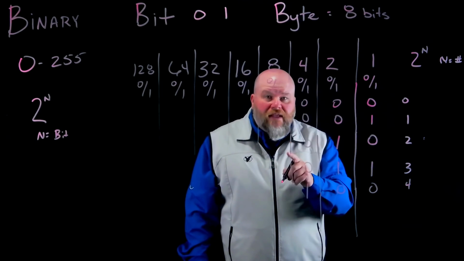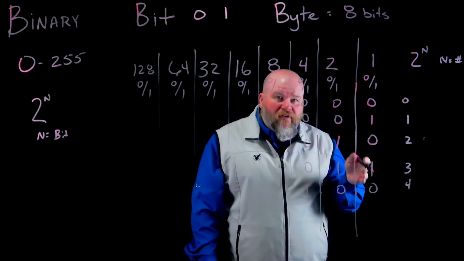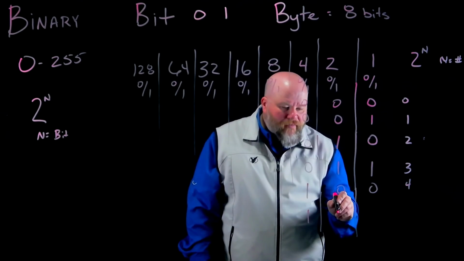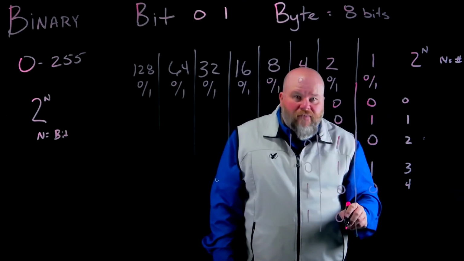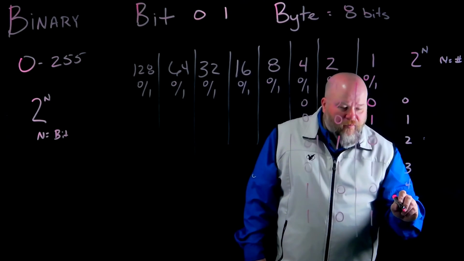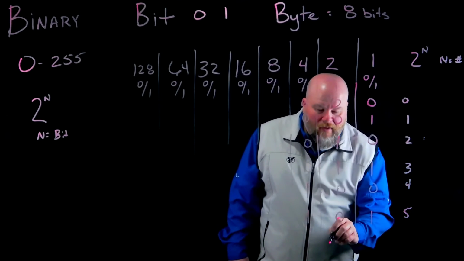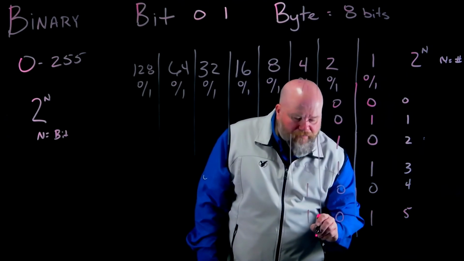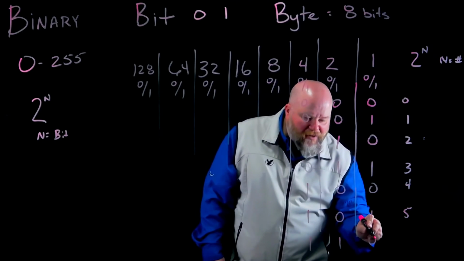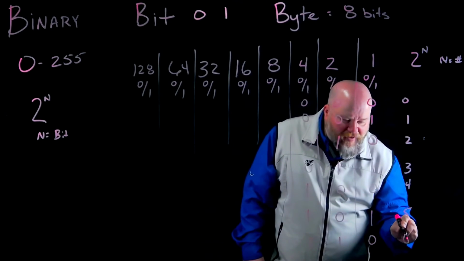So the next thing that's going to happen, because we always work from the right, this bucket is still full, this bucket is empty, but we're going to fill that first bucket again. Now we have a value of 5. Since this bucket is full, that one's still full, now this one fills and this one empties. We have a value of 6.